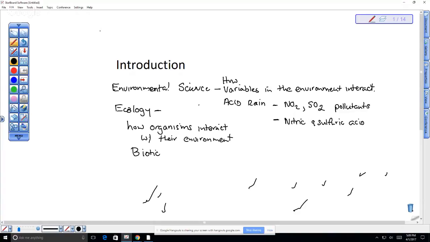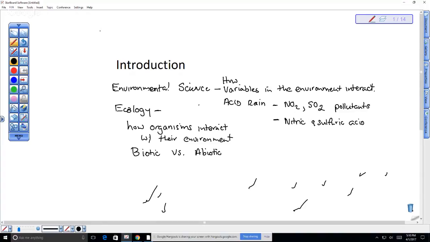And so this is versus abiotic. The abiotic components, whenever you see an A in front of a word, it means without life. And so the abiotic components would be things like rainfall, temperature, minerals, like nitrogen dioxide and sulfur dioxide in the atmosphere. So that was the abiotic component.